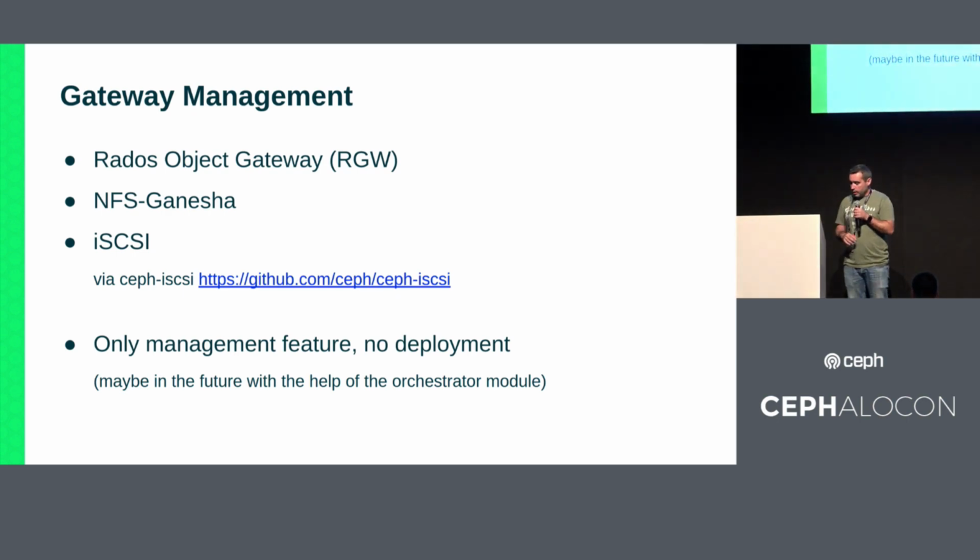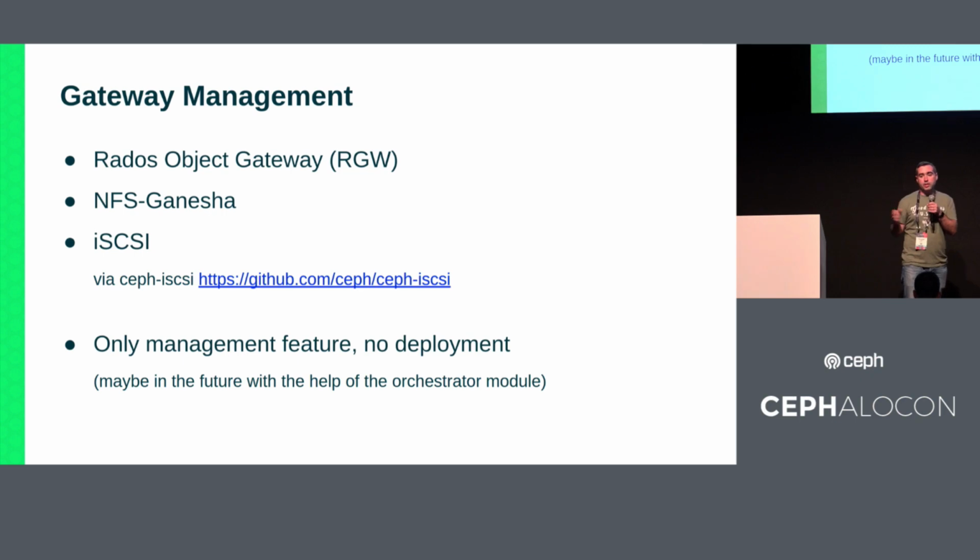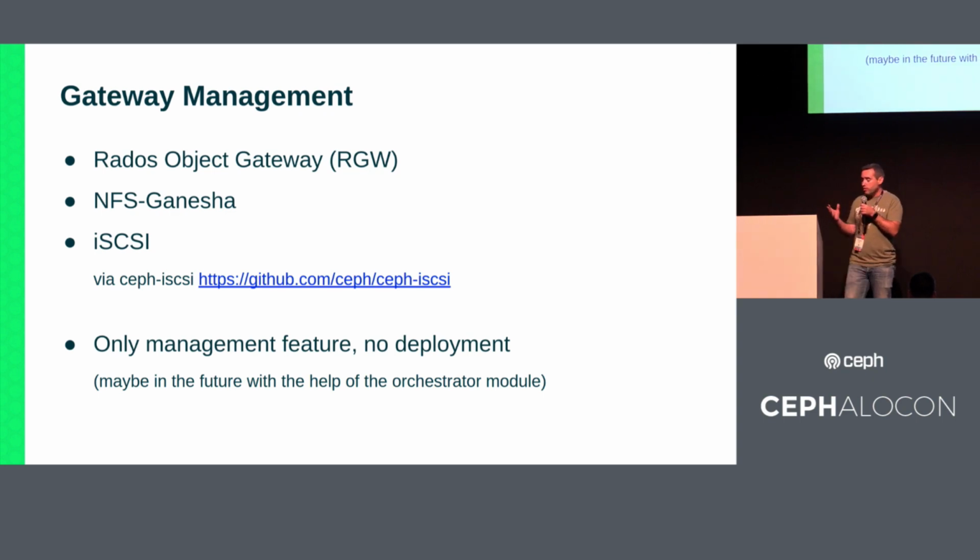One thing important is that what the dashboard does is manage. It cannot deploy services, so it doesn't take care of deployment. Maybe in the future, with the help of the orchestrator module that is being developed, maybe we can use that to also take care of the deployment of services and add new services to your cluster.